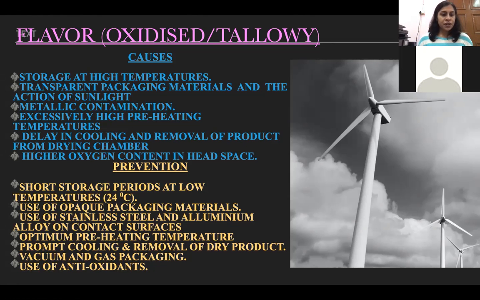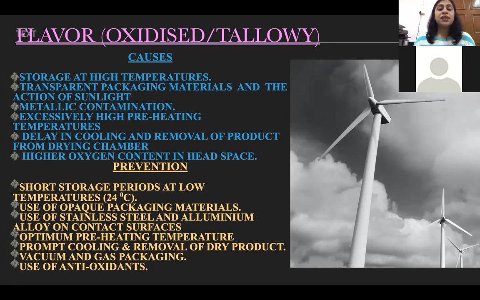So what happens is, where were we? Okay, excessive high preheating temperatures. When the temperature is too high, then the fat gets separated and it is more exposed to oxidation. Clear? Yes, sir. One is delay in cooling temperature and removal of product from drying chambers.